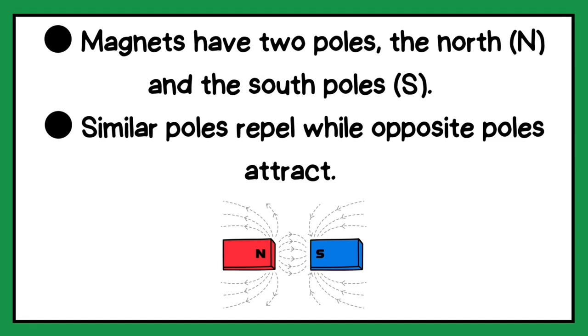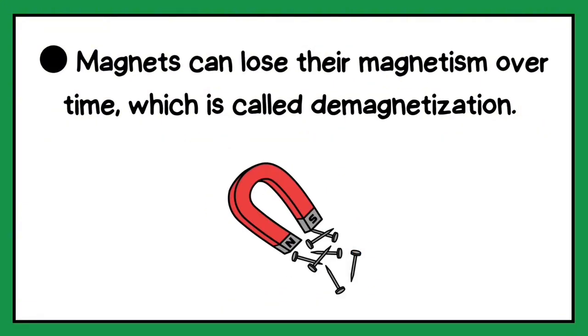Magnets have two poles, the north and the south poles. Similar poles repel while opposite poles attract. Magnets can lose their magnetism over time, which is called demagnetization.